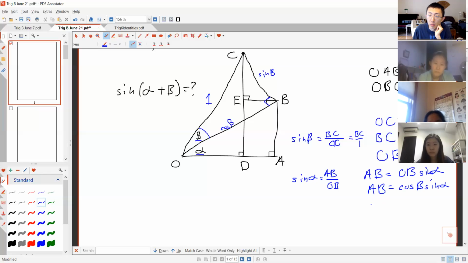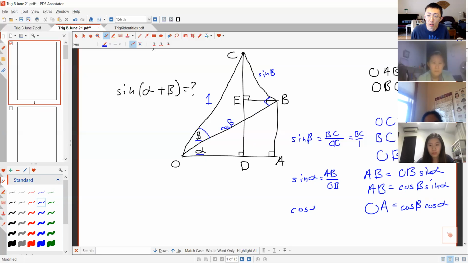Okay, and then what about OA? What's that in terms of alpha and beta? Cos beta cos alpha. Yeah, so by the same reasoning, we do the hypotenuse length times cosine of alpha, which relates the other leg to the hypotenuse.